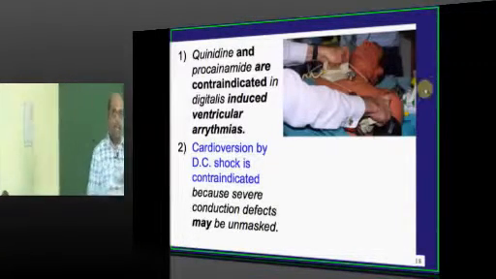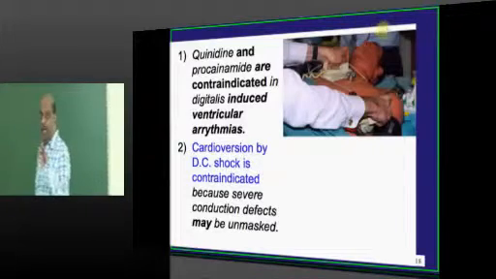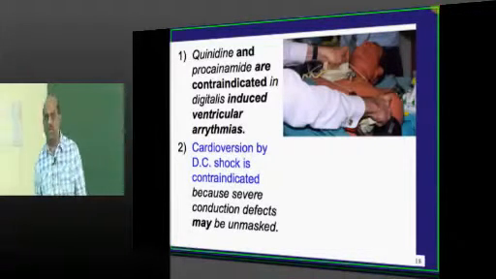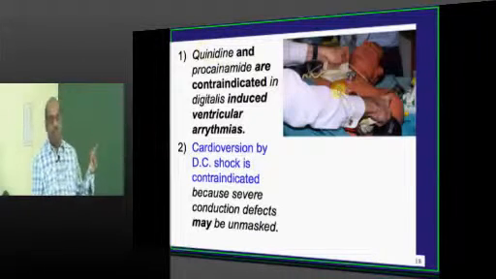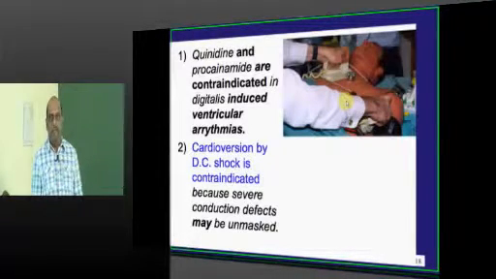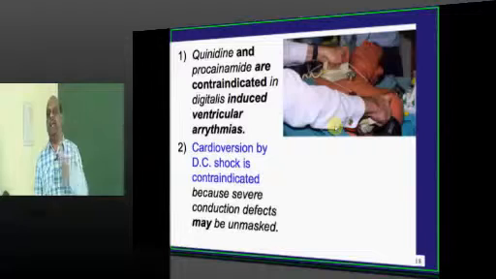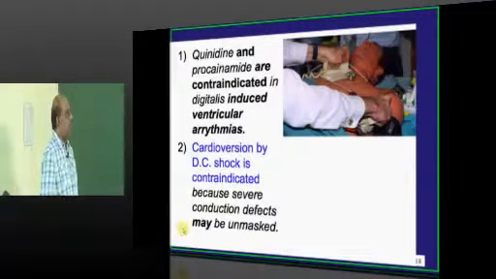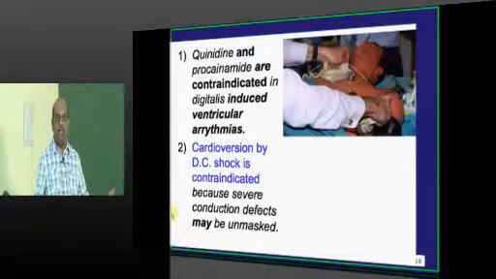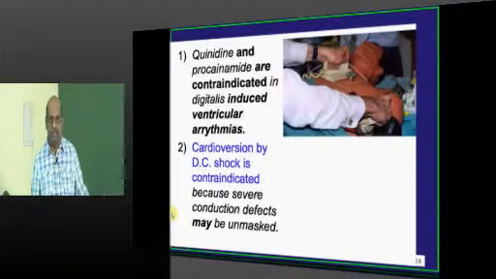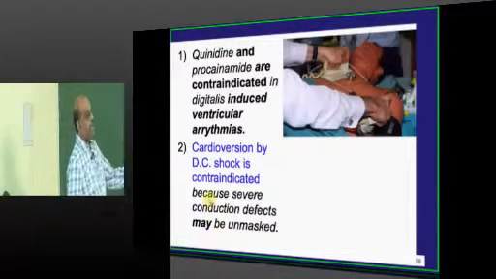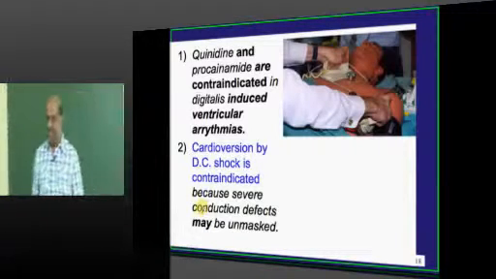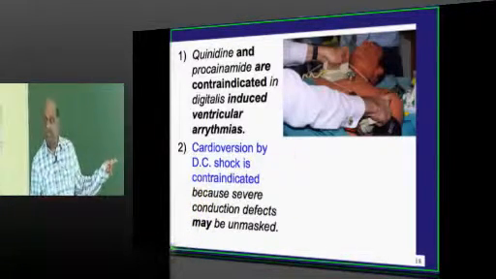Now what antiarrhythmics are prohibited if there is digitalis toxicity-induced arrhythmia? Quinidine, procainamide. Don't give them, sir, if the arrhythmia is because of digitalis. Cardioversion and DC shock, never try it, sir, if the patient has digitalis toxicity. This is another favorite MCQ of the examiner.